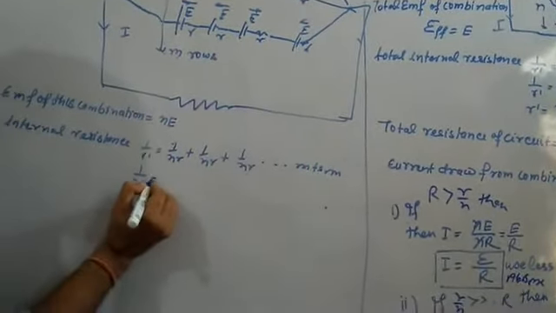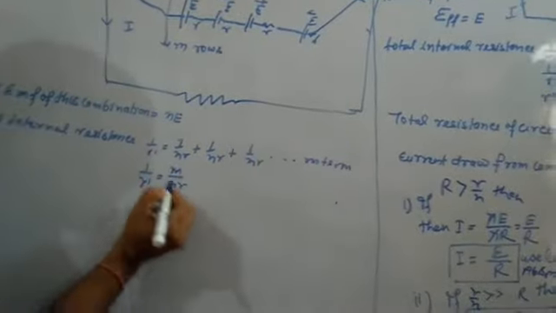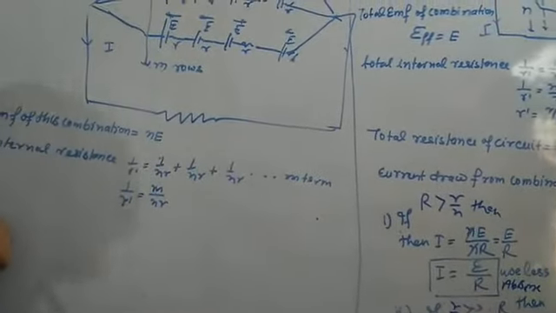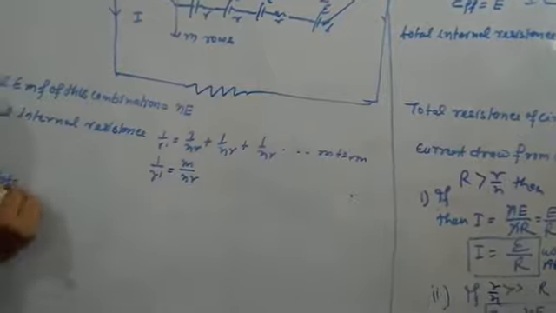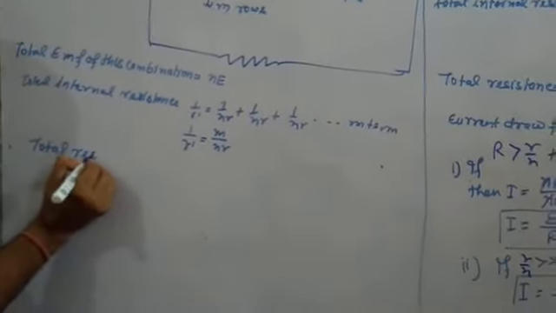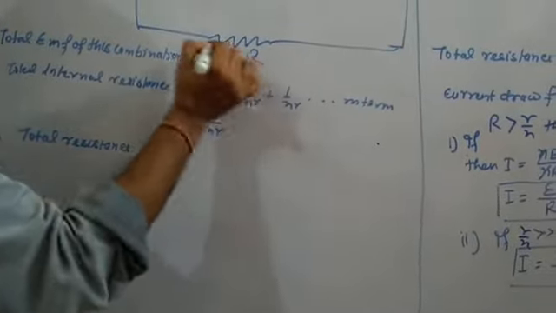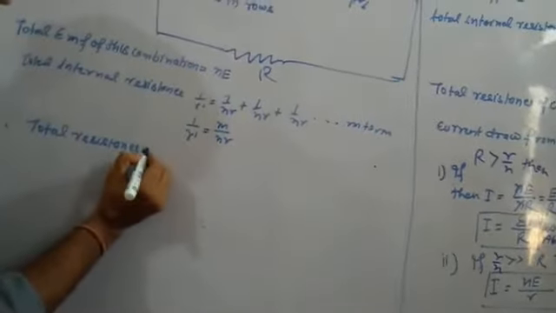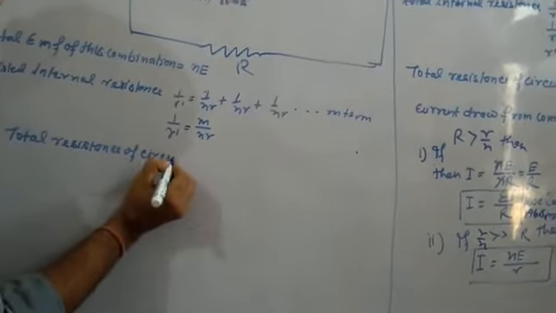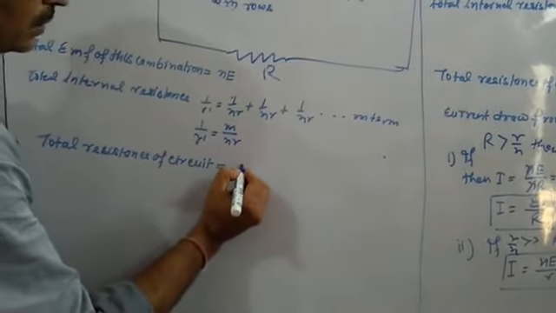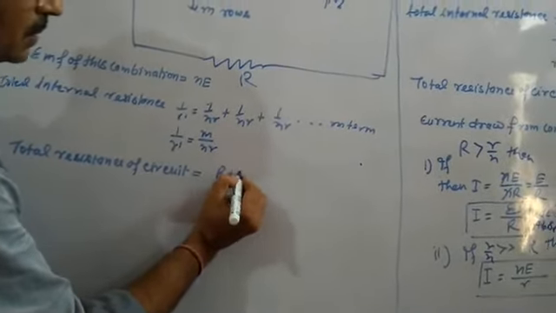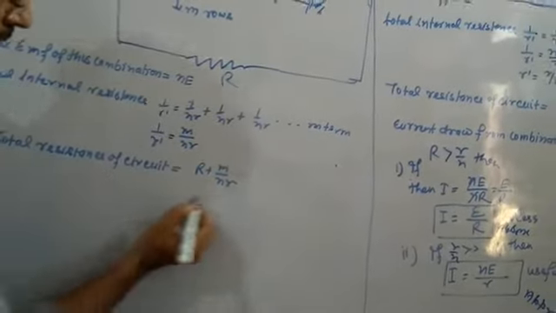1 by r dash equals m upon nr. Total resistance of the circuit is R plus nr by m.